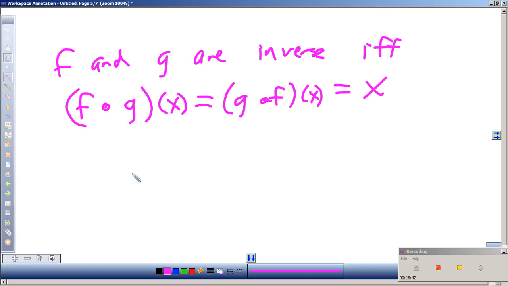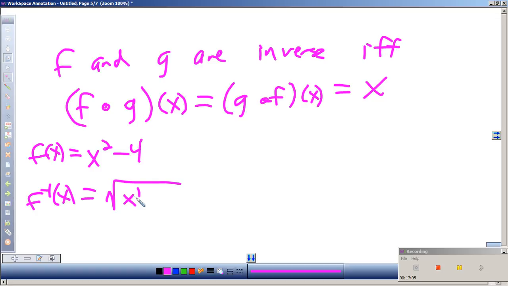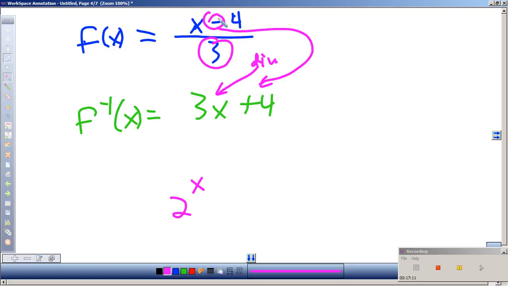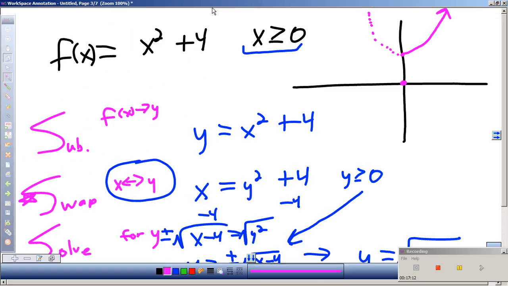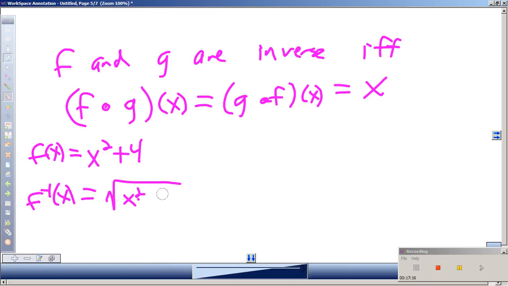So we had x squared plus 4, and we said the inverse was square root of x minus 4. Is that right? Or did I do the inverse? Okay, x squared plus 4 was the original, and we had x minus 4 in here. So if I take this one and plug it in here, it's f of f inverse of x.